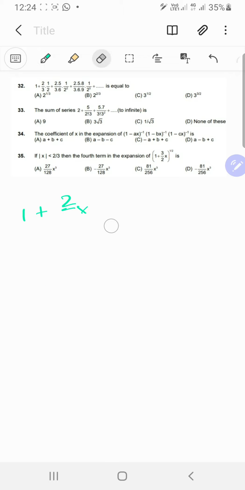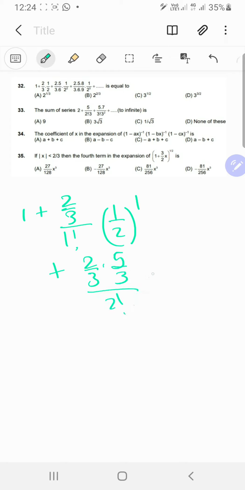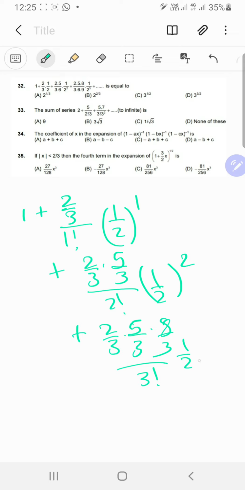So it's just 2 by 3 upon 1 factorial, right? And then 1 by 2, sorry, 1 by 2 is the first power. And then you got 2 by 3 into 5 by 3 upon 2 factorial, and then 1 by 2 squared. And 2 by 3, 5 by 3, 8 by 3, 3 factorial, 1 by 2 cubed, and so on.